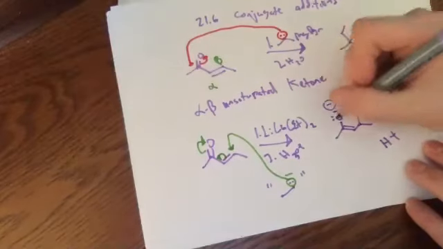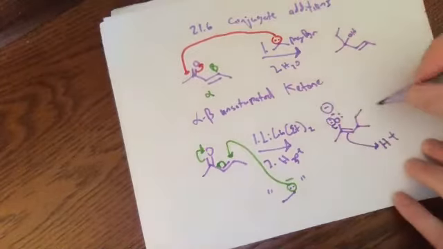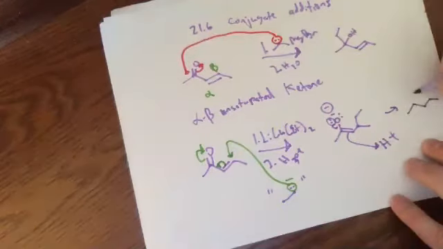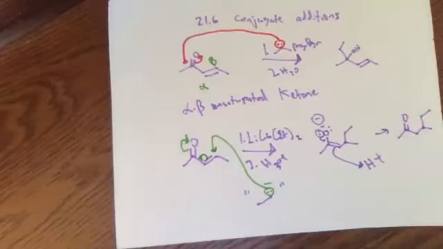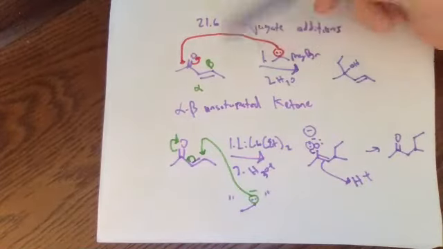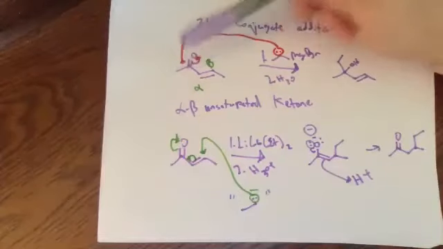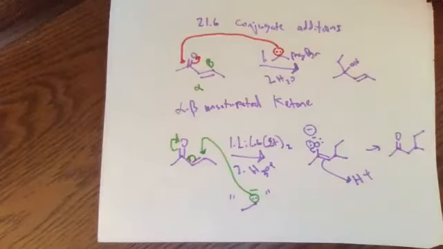There are a lot of protons in solution, so we pick up the proton and reform the carbonyl, and form our product here. So it's kind of an extended addition. Instead of attacking at our actual carbonyl center, we're attacking at the end of the conjugation in order to do an addition there.